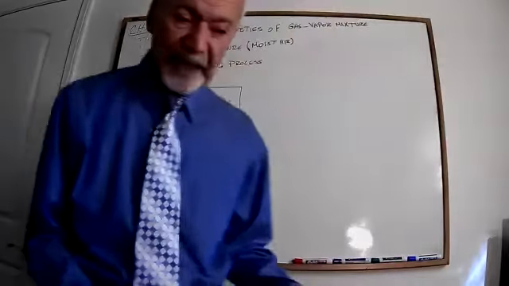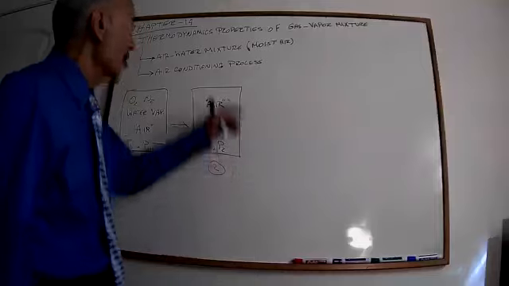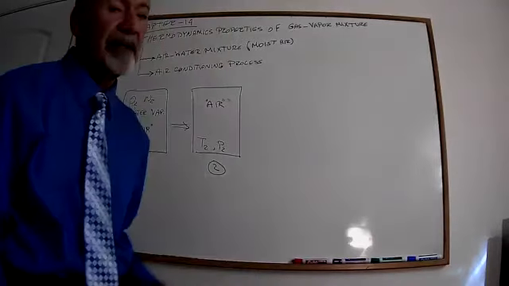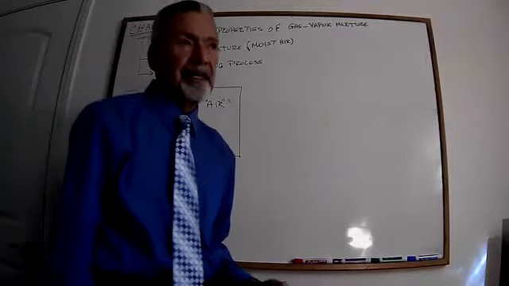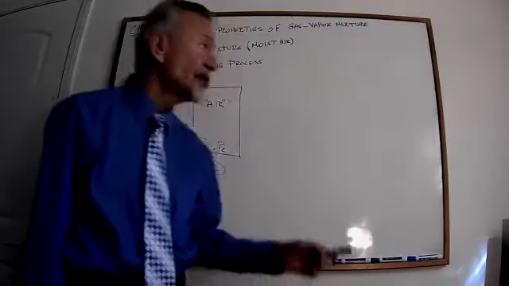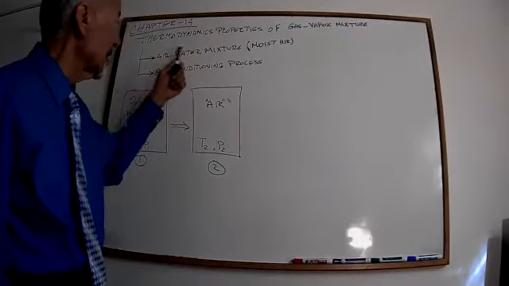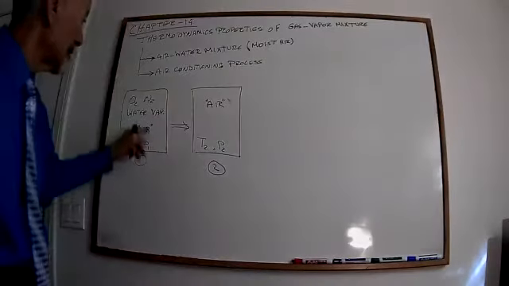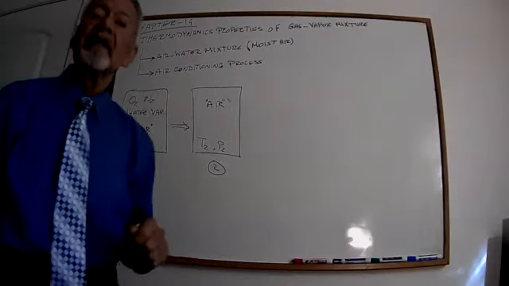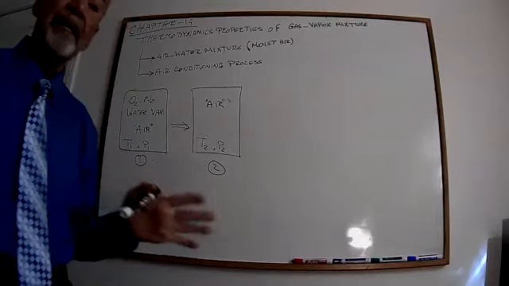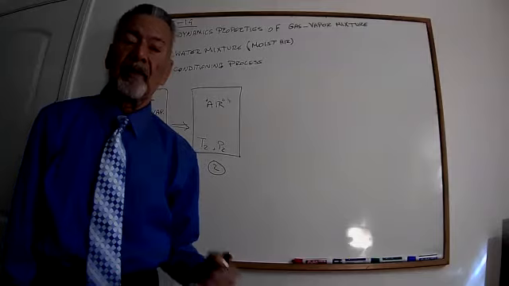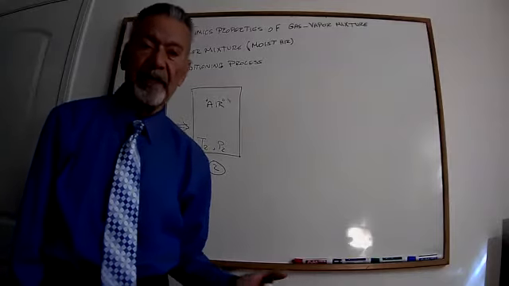Now, chapter 14. We're going to talk about thermodynamic properties of gas-vapor mixtures. The biggest example of a gas-vapor mixture is air. Air contains oxygen and nitrogen, but in air there is moisture, which we call relative humidity.